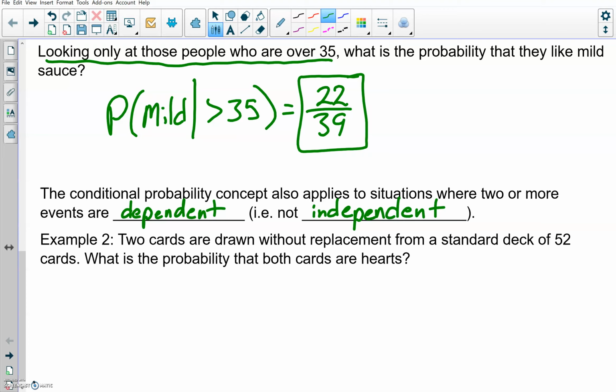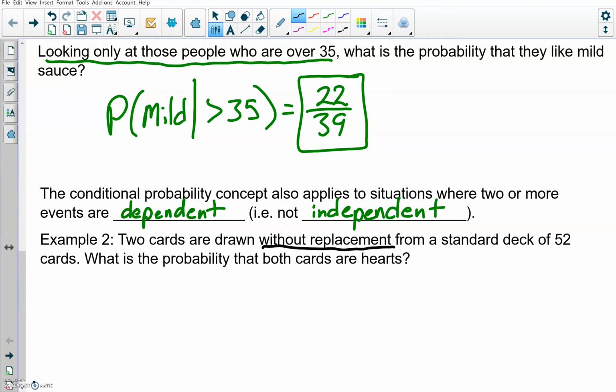Well, here, when they're dependent, that means that something did change from the first to the second if you're running things in a row. And an example of this would be 2 cards are drawn without replacement.